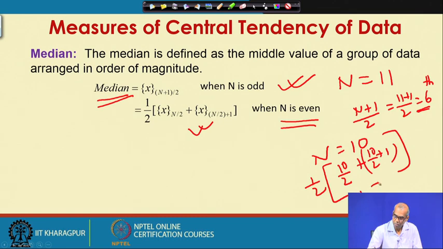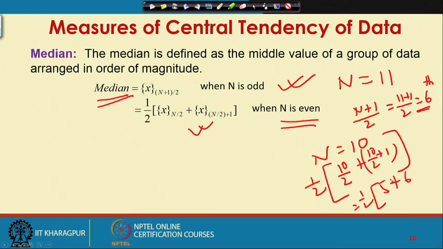So, half of 5 plus 6. I think there is some problem here.